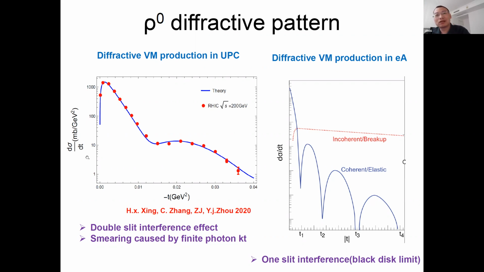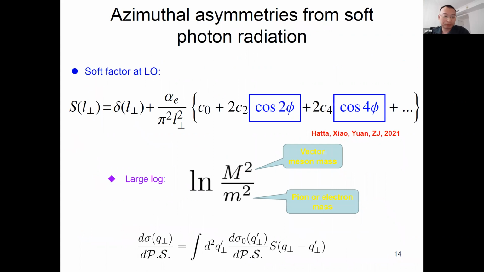We didn't take detector effects into account here. This smearing is solely caused by the finite coherent photon transverse momentum. Right. It will probably be further smeared out if one takes into account the detector effect, but I don't know. Okay, thanks.